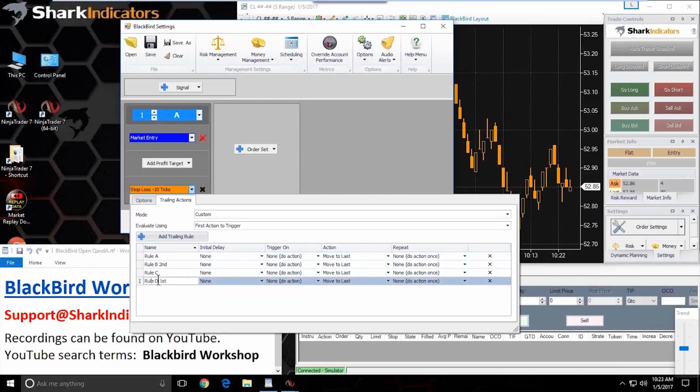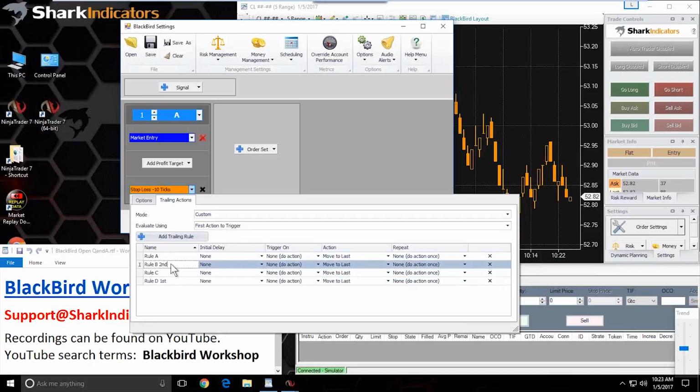Well, remember, rule D was the first one to fire off, and our evaluate says first action to trigger. Well, rule A and B were not the first action, so how would that be handled? Well, since rule B would be the second one to fire off, then rule B would have the priority over rule A, right?